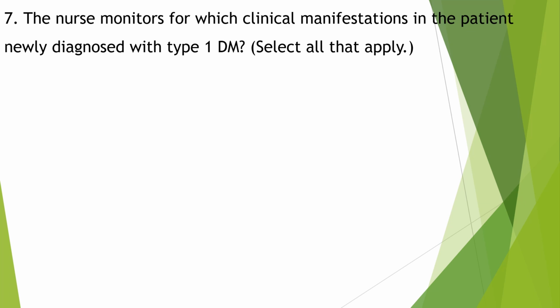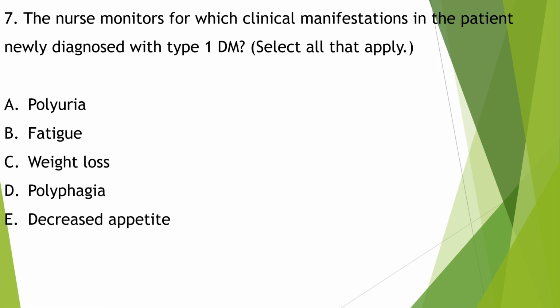The nurse monitors for which clinical manifestation in a patient newly diagnosed with type 1 diabetes mellitus? Polyuria, fatigue, weight loss, polyphagia, decreased appetite. Polyuria, fatigue, weight loss and polyphagia are all clinical manifestations of type 1 diabetes.